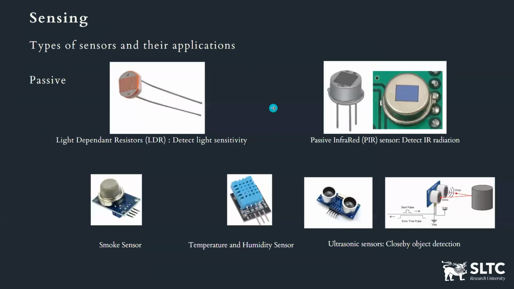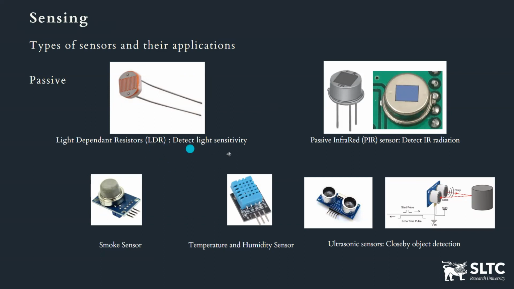The sensors which we normally use in our circuits are basically these kinds of sensors. We can buy them from the market, and we can implement our own circuits using these sensors. These sensors are basically light dependent resistors.